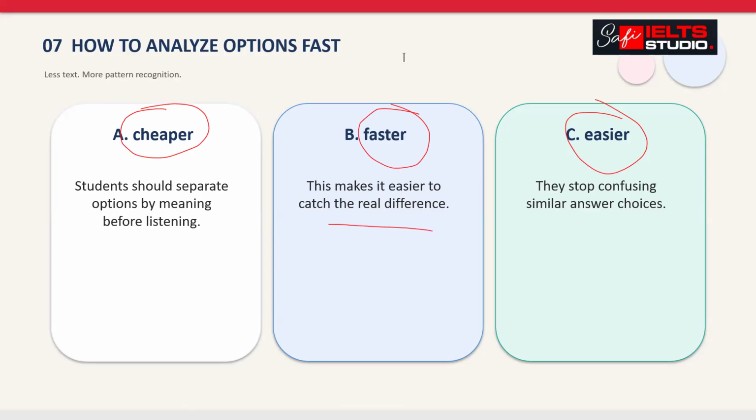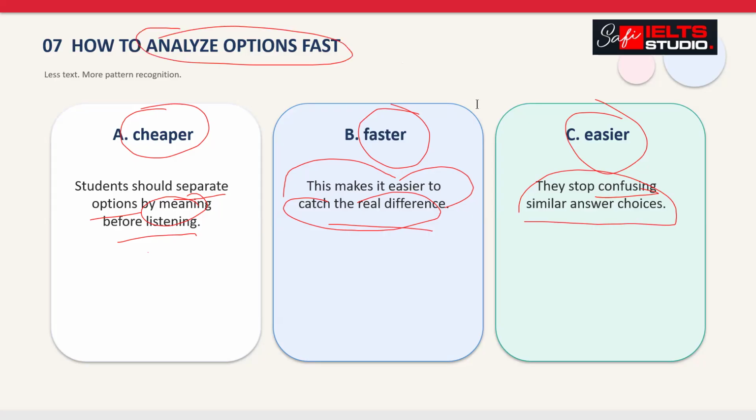It makes it easier to catch, and it stops confusion between similar answer choices. So always keep in your mind that if there are three options, make sure you analyze these options fast and understand the difference between all of them.